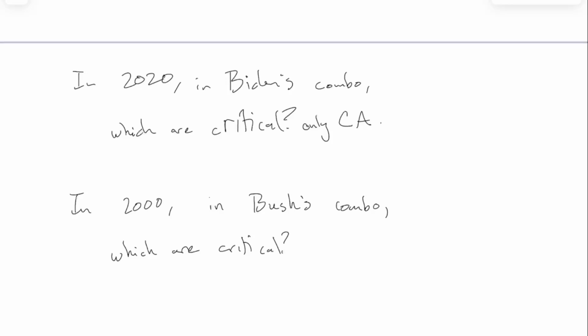Or actually, if one of the threes, say Alaska, went the other way, Bush would have lost, right? Gore would go up to 270 and Bush would have gone down to whatever, 268 or something. So which are critical? In this case, all of them.